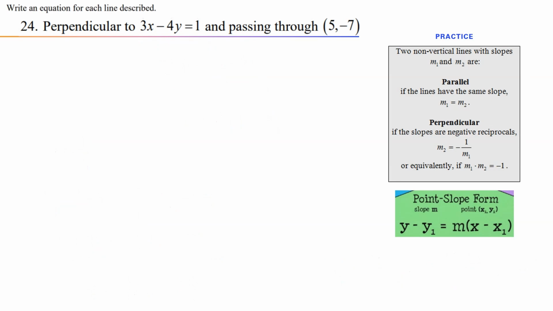Alright, this one is perpendicular. So we do the same, minus 3x both sides. Then divide both sides by negative 4.